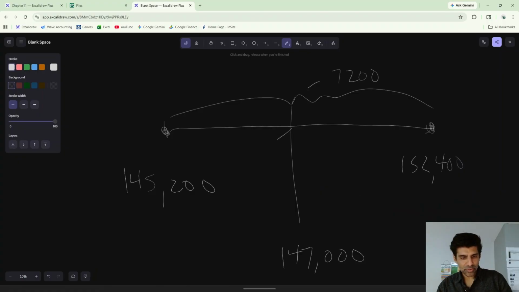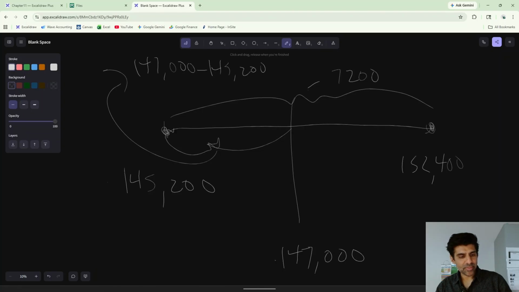So I want to know just from here to here, how much is that? It's just simply 147,000 minus 145,200. So if I do that math, this is equal to 147 minus 145,200.